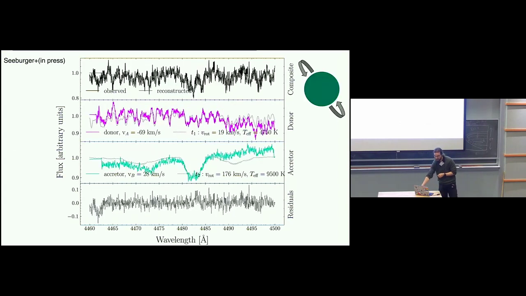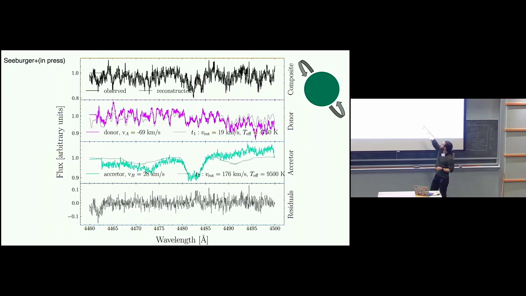If we then move on to the Mg II region, we can use that to fit the rotational velocity of our secondary. The reason we don't do that with the Balmer series is because the Balmer series is really bad for rotation. What we see is that with our best fit templates, our donor velocity is moderate, but fairly small. It is consistent with tidal synchronization, whereas our accretor rotational velocity is very high.